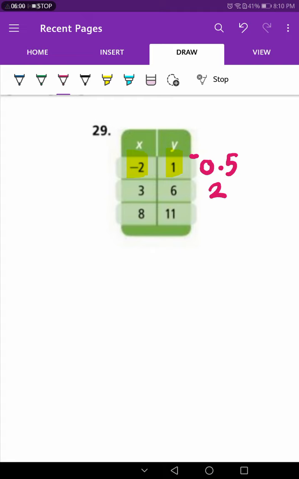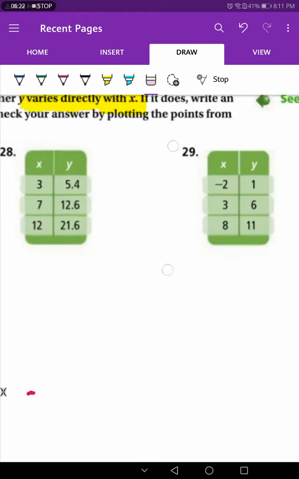And 11 divided by 8 is 11 over 8. So it is different. This relation is not a direct variation, so we cannot write a direct variation equation.